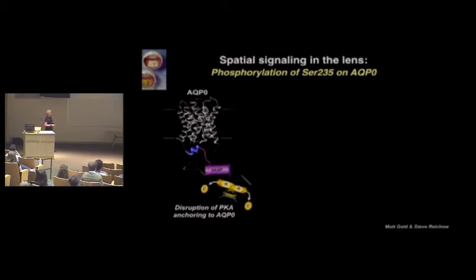The consequence of that would be to diminish phosphorylation, because you can get dephosphorylation by an associated phosphatase. Loss of phosphorylation promotes calmodulin binding. Calmodulin binding closes the water pores.